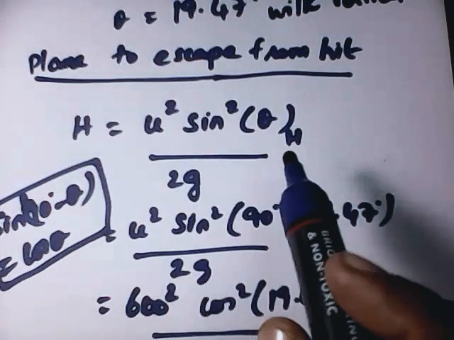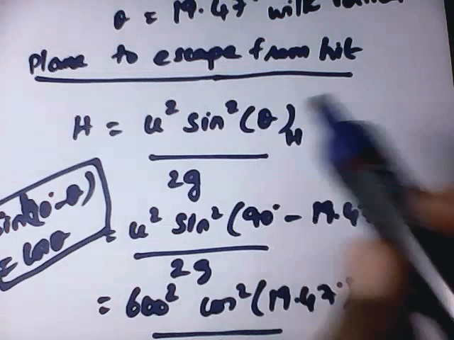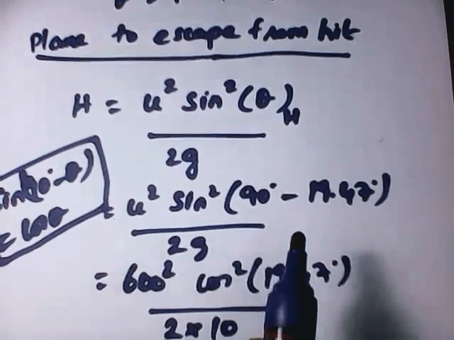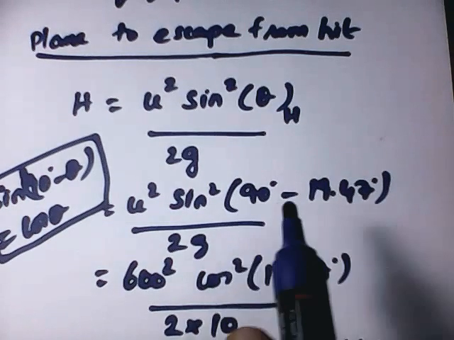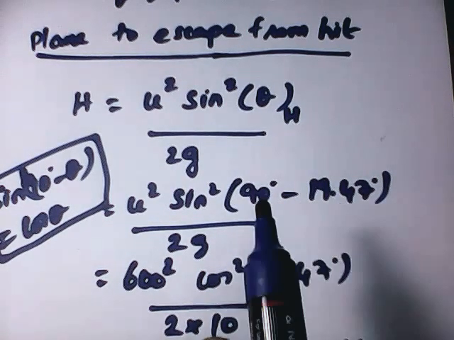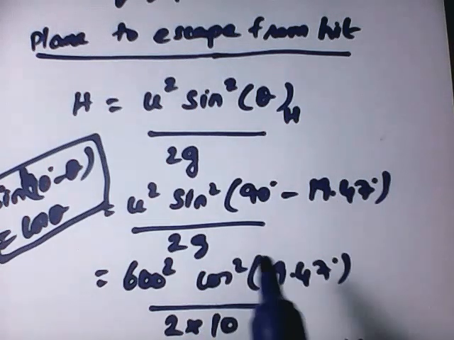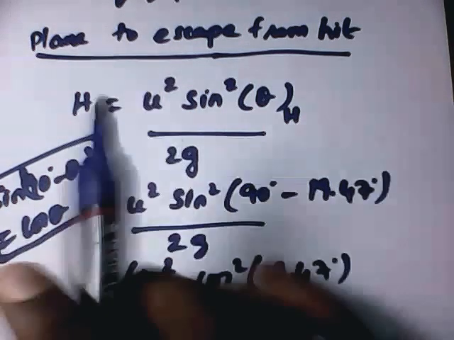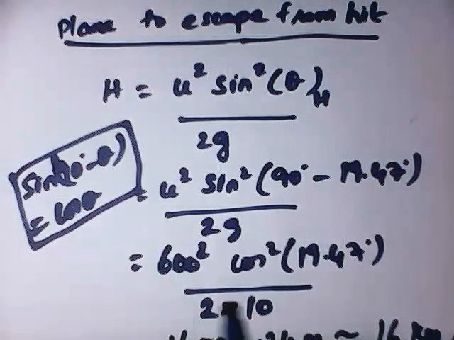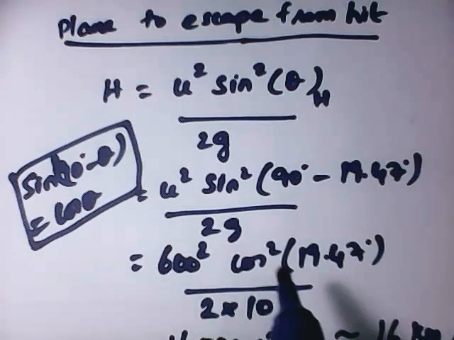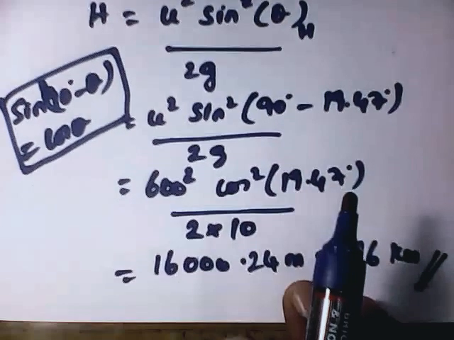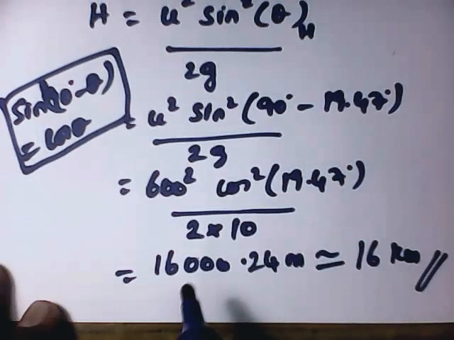So for the plane to escape from heat, H is equal to u square sine square theta is the general formula, where theta is the horizontal angle. But here it is changed to 90 minus theta as the horizontal angle. So I put 90 minus 19.47. So 90 minus theta, you know that sine of 90 minus theta equal to cos theta. So therefore this term has become cos of 19.47.